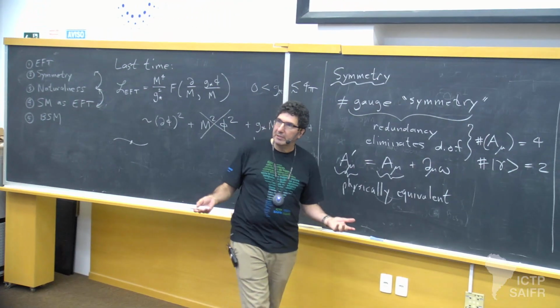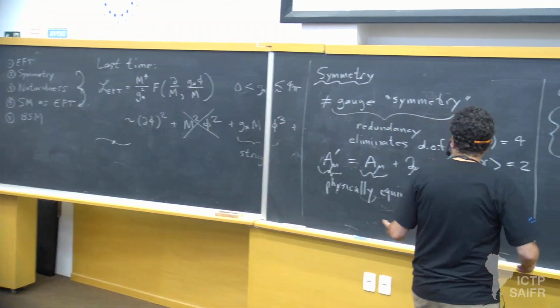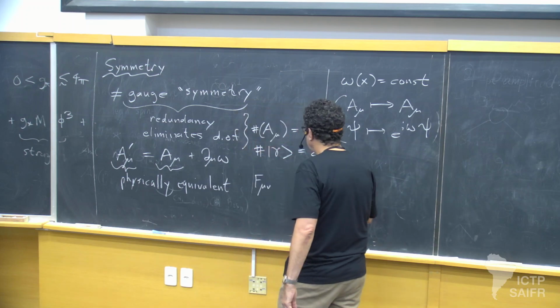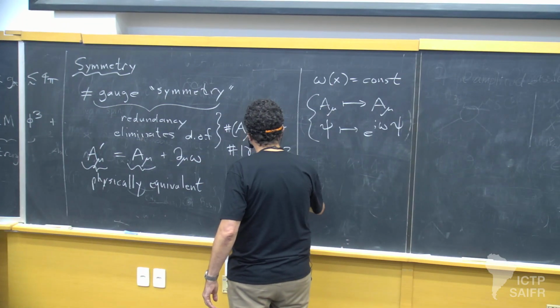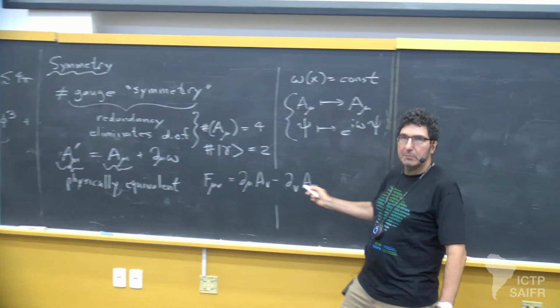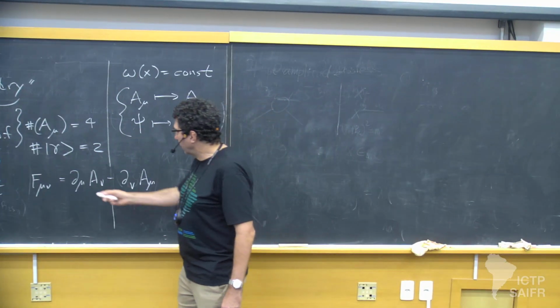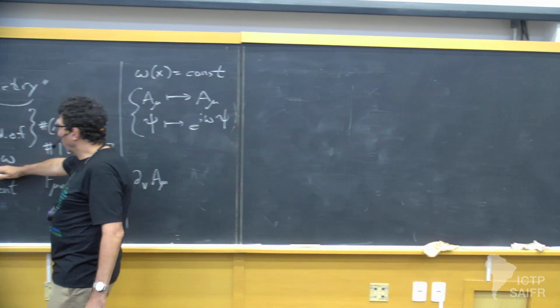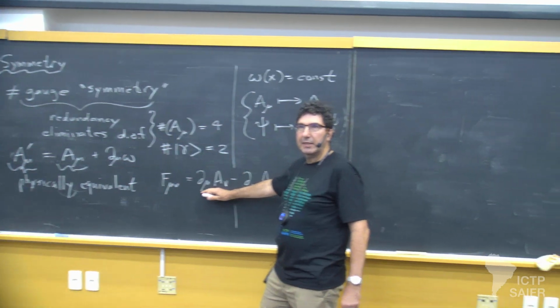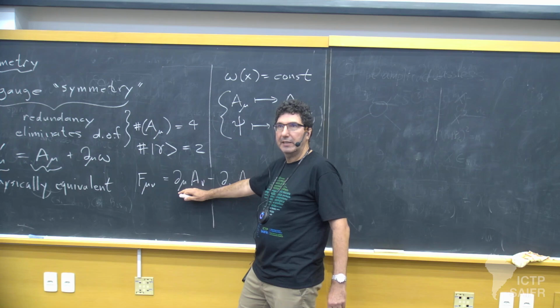If it's a total derivative, for example, in U(1) gauge theory, we know that the physical electric and magnetic fields are contained in the field strength tensor, which is an antisymmetric combination. If omega was a total derivative, which means you can get rid of it, then the field strength vanishes identically. So the electric and magnetic fields vanish identically.